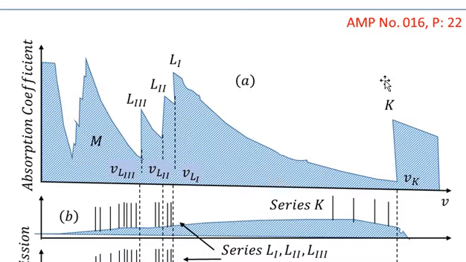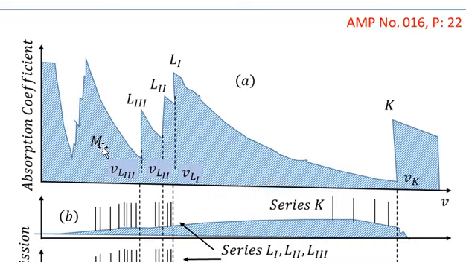So the K edge corresponds to the energy required to remove an electron from the K shell. L1, L2, L3 are the edges corresponding to the energy required to remove an electron from L1, from L2, from L3 respectively. And these frequencies have also been given as nu L1, nu L2 and nu L3.